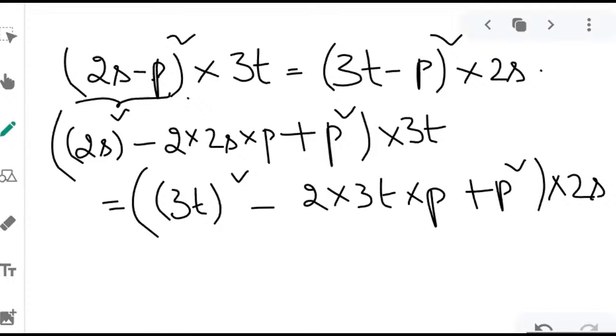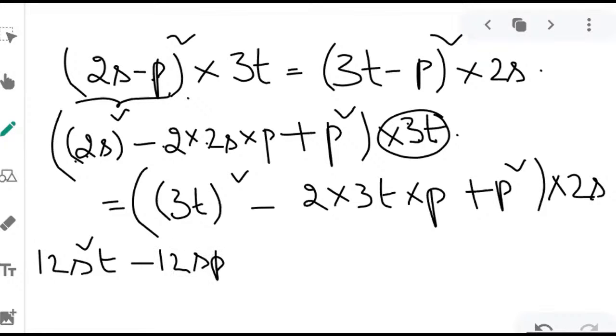So we'll expand this, multiplying with each and every term inside. 2s whole square is 4s square into 3t, that is 12s square t, minus 2 into 2 is 4, 4sp into 3t, 12spt, plus p square into 3t is 3t p square.